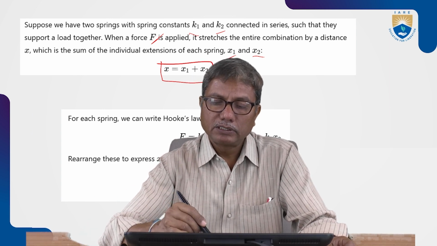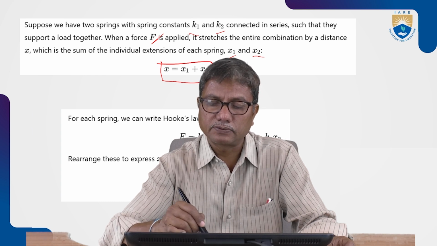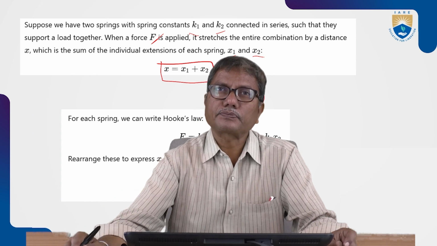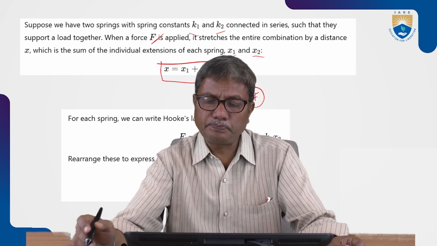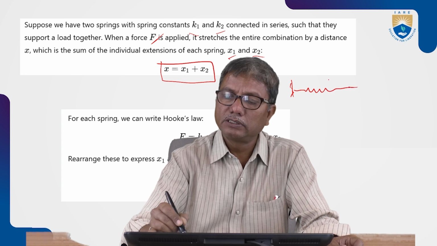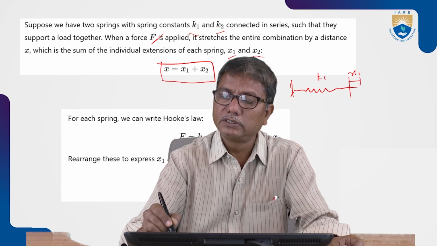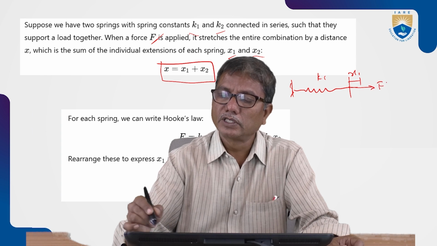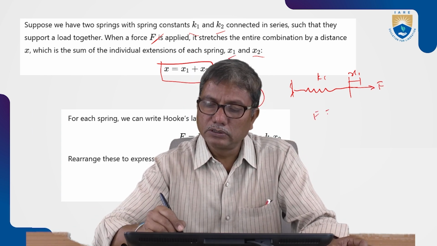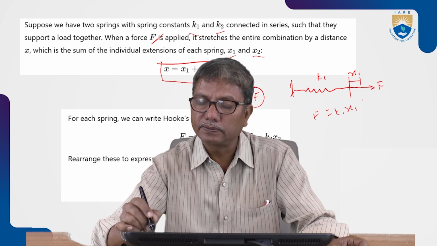And we have seen each of the springs is subjected to the same force F. So F is given as K1 X1, because the spring of stiffness K1 undergoes a deformation of X1 when acted upon by force F. So the relation is F equal to K1 X1.